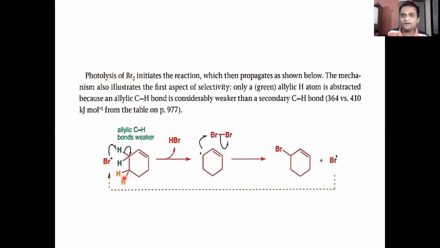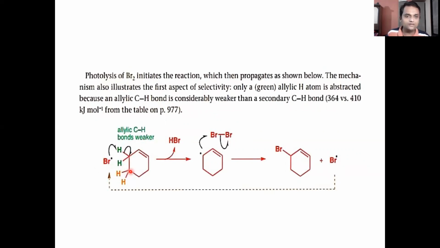Only a green allylic hydrogen atom is abstracted, because an allylic carbon-hydrogen bond is considerably weaker than a secondary carbon-hydrogen bond. Here is a comparison of these two carbon atoms: this carbon atom is allylic and this is secondary.